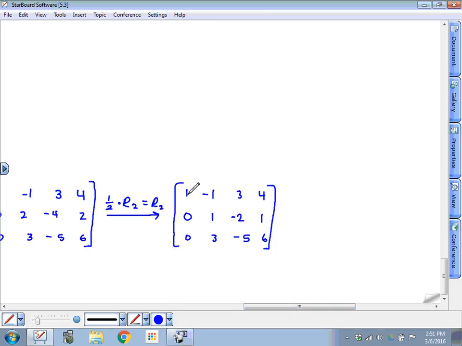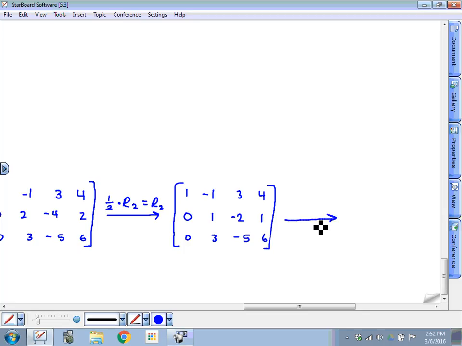Okay, remember the steps. 1, 0, 0 on that first column. Then if we move over, this should be a 1, which it now is. That should be a 0. So the next task is to get this to be a 0. Like we were doing earlier on in this problem, if you want to get a 0, you multiply the 1, the leading entry above it, by the opposite of that number and add them together.